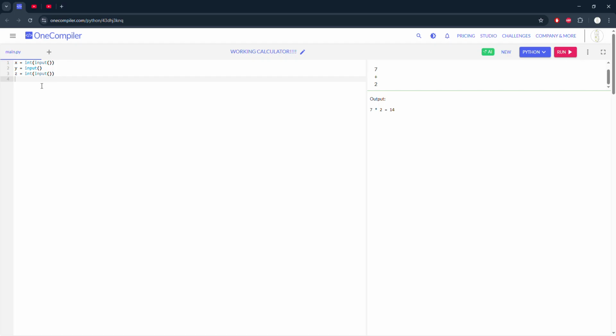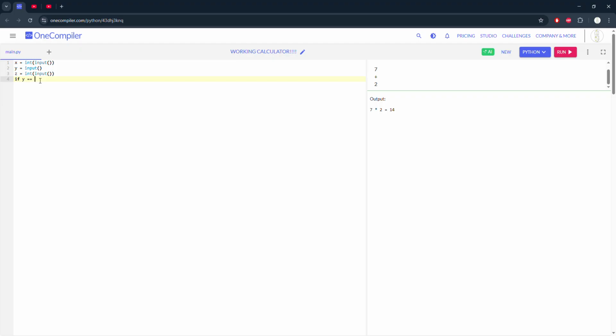Okay, so knowing that, we are going to write if, which is a condition for a program. So if y, which is this second number, is equal to, that's why we put 2 equal signs.